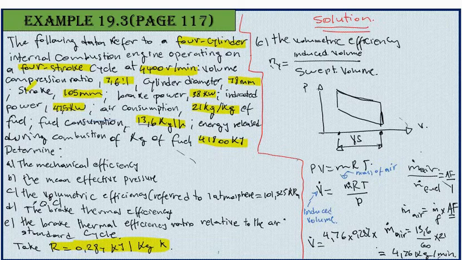So I need to convert that 0 degrees Celsius into Kelvin. So it's gonna be 273 Kelvin. So I'm gonna use that 273 here. Okay, let me work this on the new page.